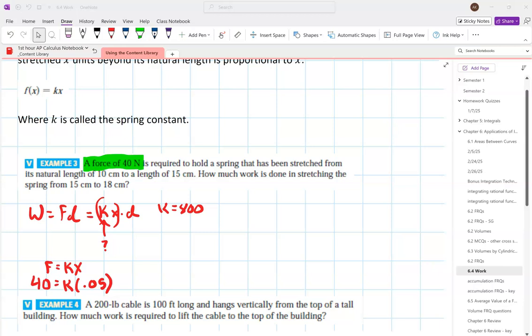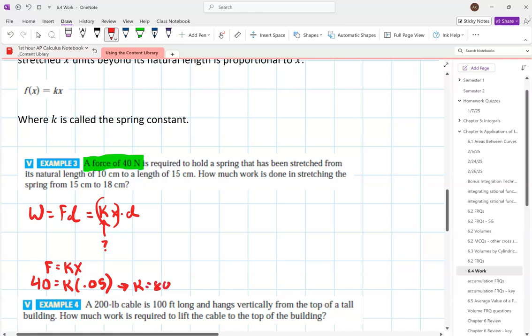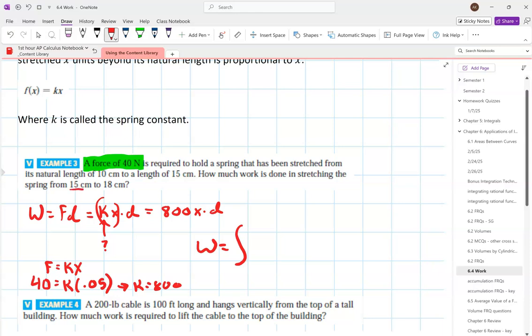So now we have that right over here. Now we can basically say this, right? As a calculus student, we're going to have the integral from 15 to 18, but those again are written as centimeters.